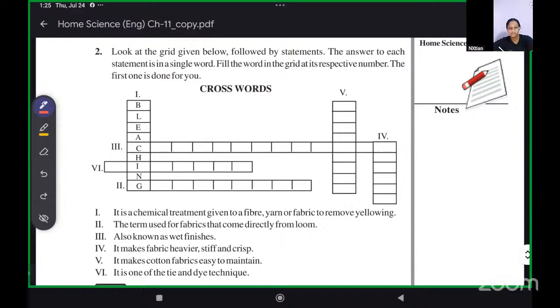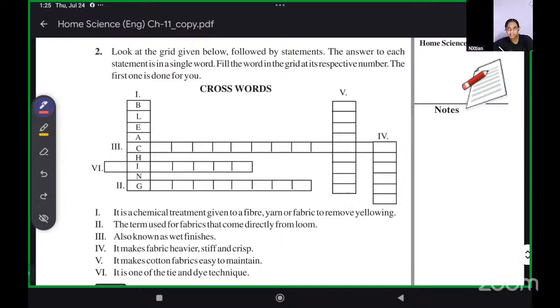What's the second one? The term used for fabrics that come directly from the loom. It's starting with G, right? I'm not sure, let me check.